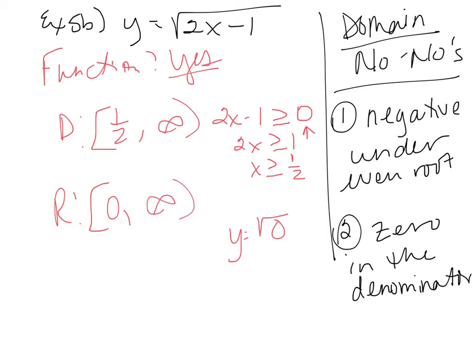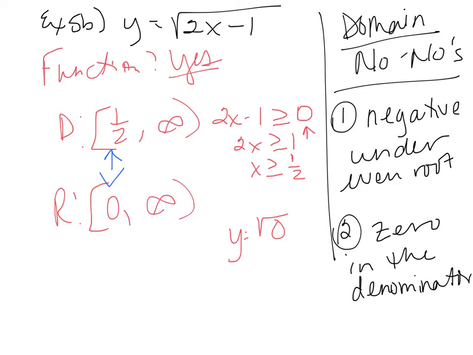So when we're looking at these problems, a lot of times it's whatever the smallest input is going to be associated with the smallest output. 1/2 is the smallest value I can put in for x, and that gives me, when I put in a 1/2, a 0 for your range. Cool.